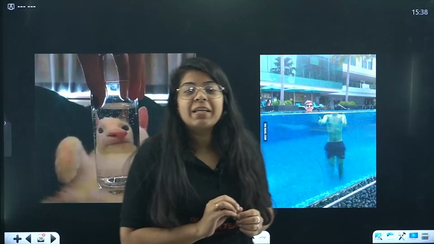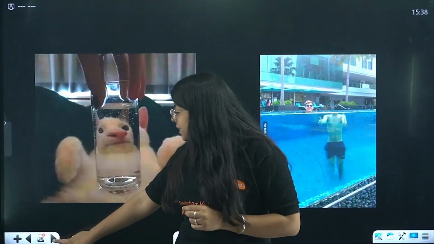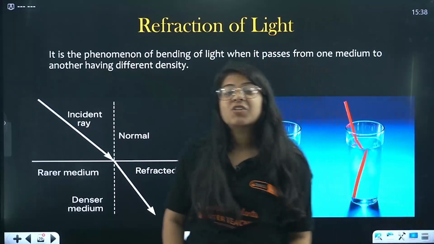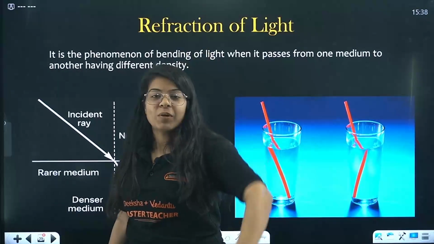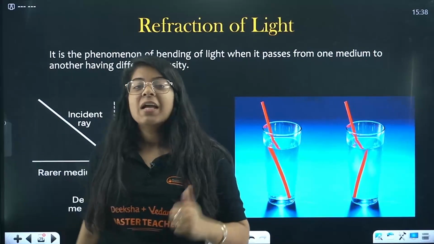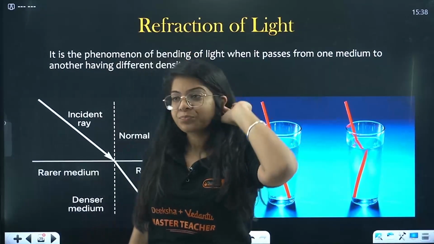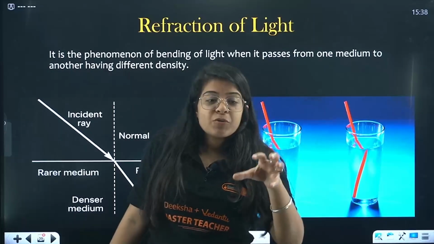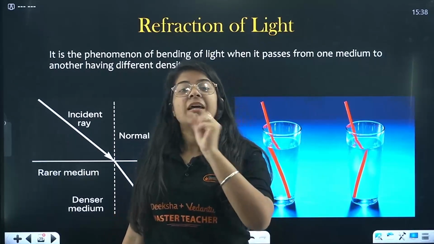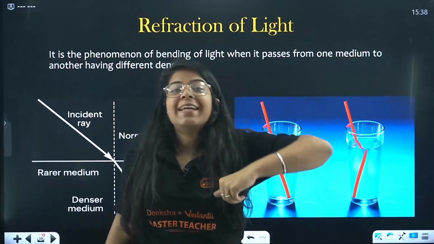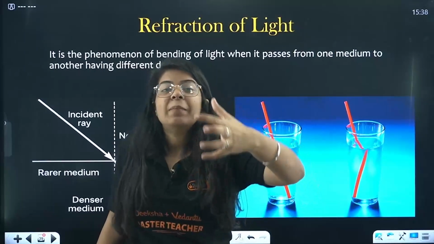So what is happening? That is refraction. Refraction, our second phenomenon. First was reflection, light bouncing back and coming back to you. Then it's refraction. Now, what is happening when someone is in water? Light is coming from the water into the air. That means it is traveling from water to air. It is changing its medium.